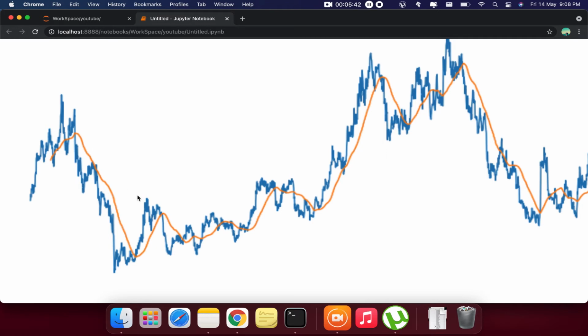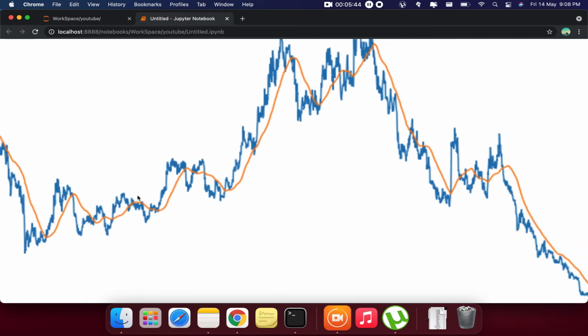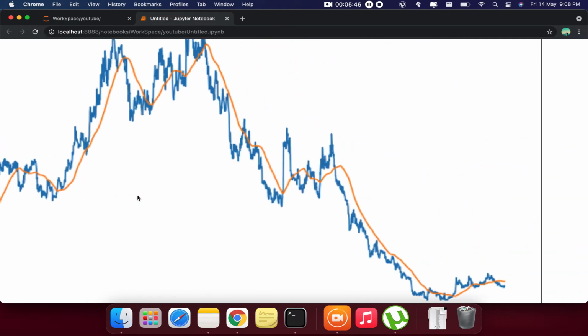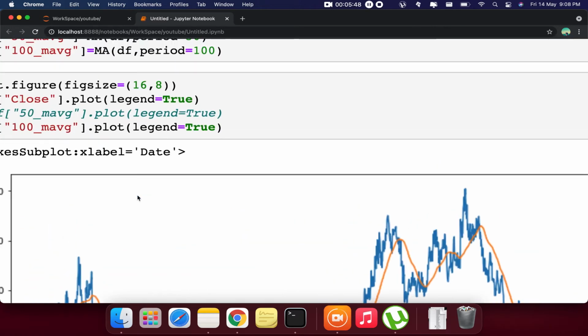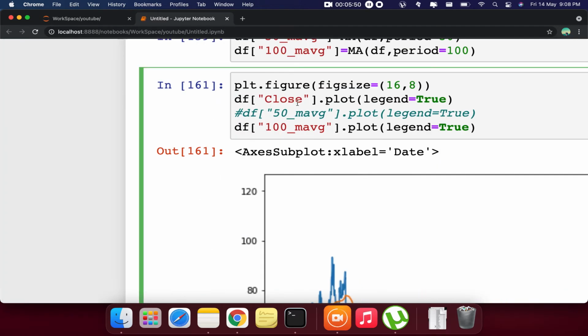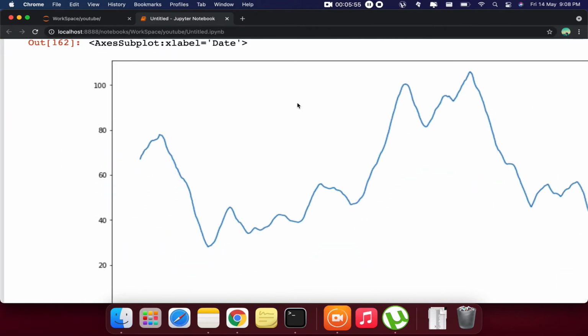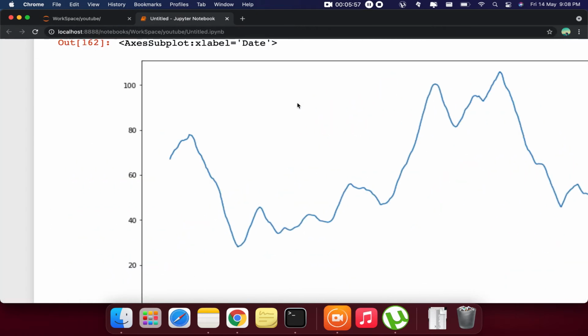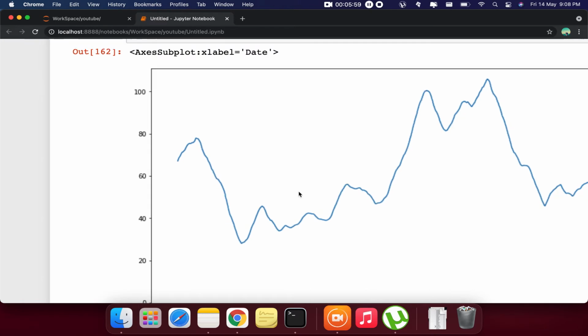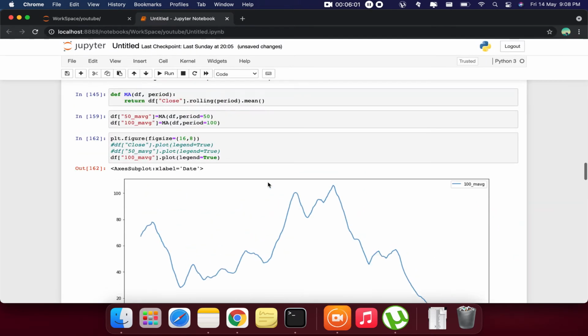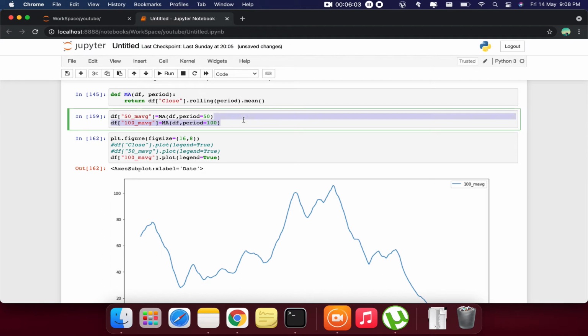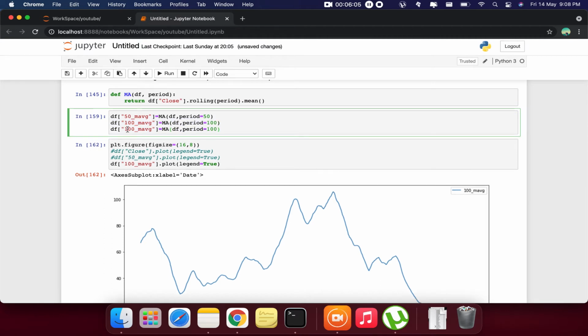It is giving us quite a good trend of how the data is flowing, or how the trend is going for this stock. So if we just plot the 100-day moving average, we get a pretty good idea about it, right? But still it is somewhat sensitive. So let's go even for a higher period. Let's go for a 200-day moving average.